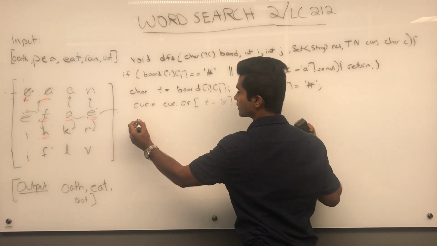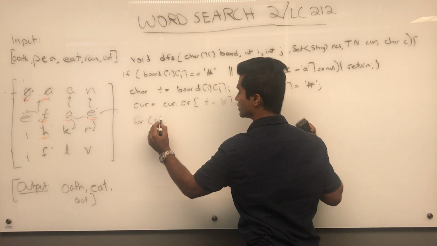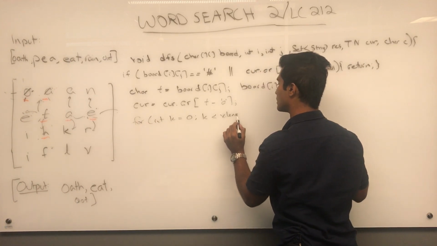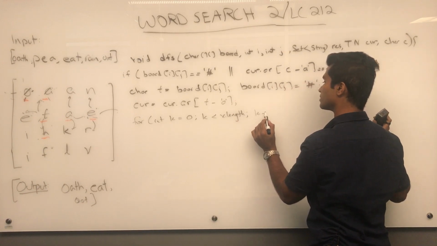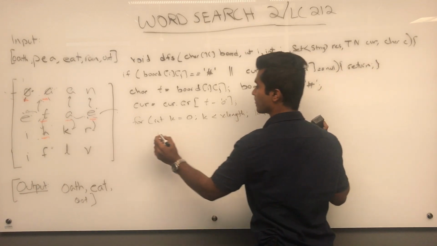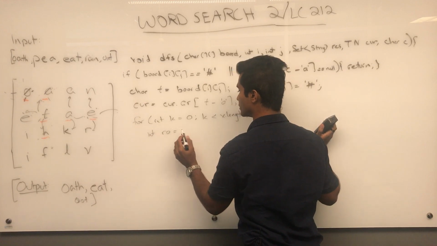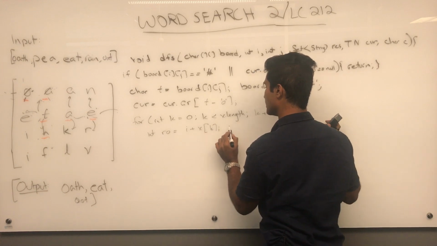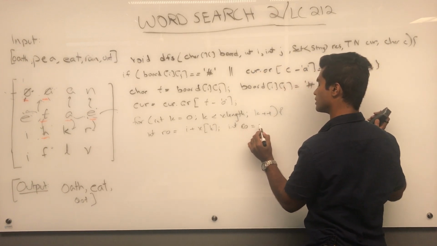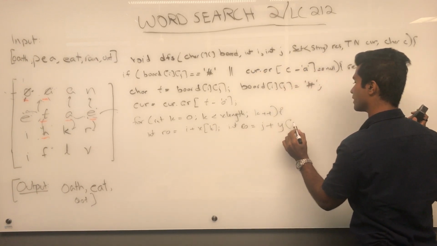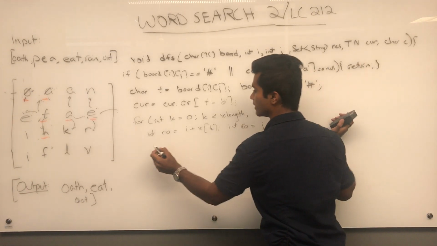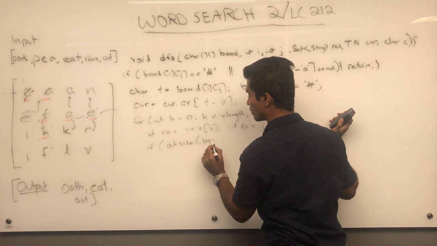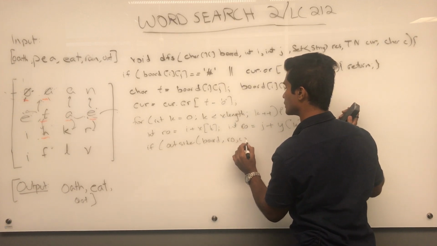Now once this is here, what we can do is begin our up, down, left, right check. So for int k equal to 0, k less than x dot length, k plus plus, int row is going to be i plus x of k, and int co is going to be j plus y of k. And if we're outside the board with these coordinates of row and co, then we just continue.